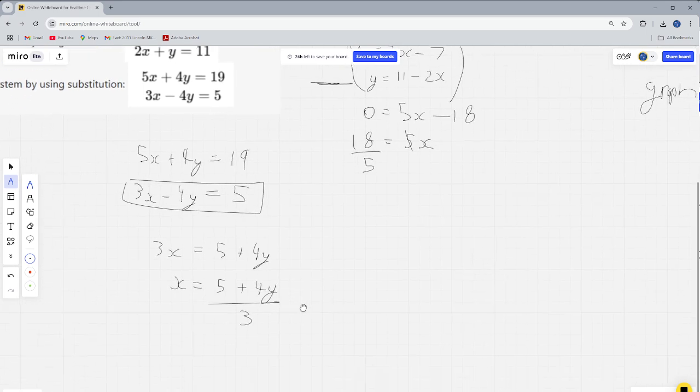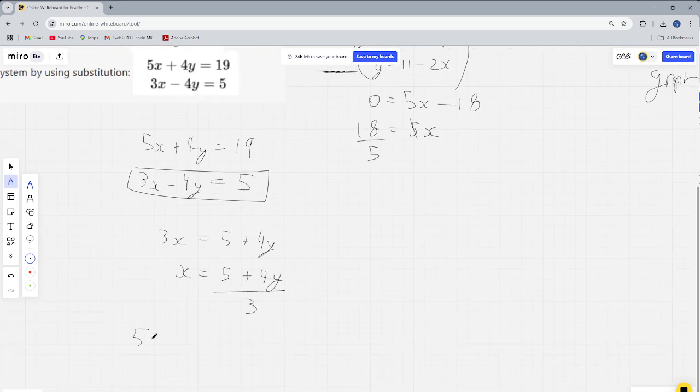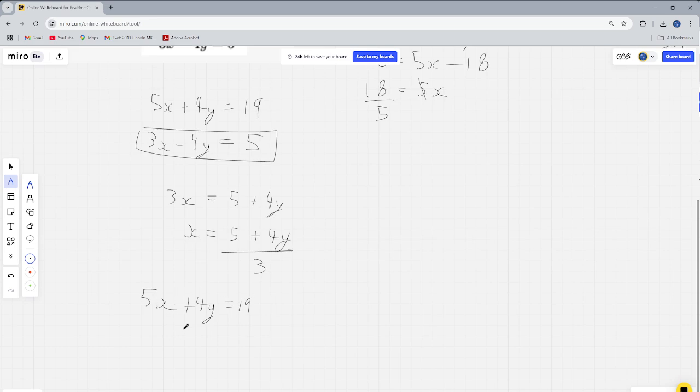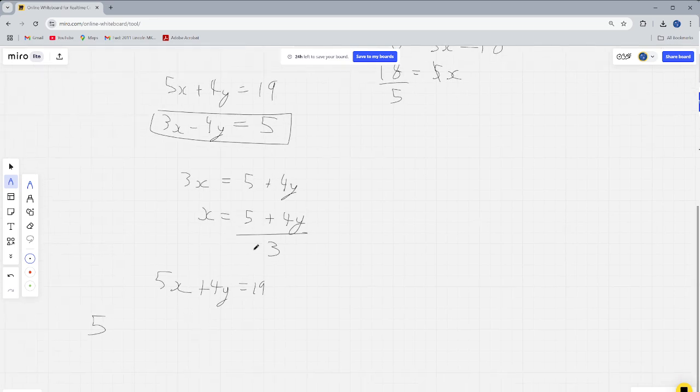Okay? Once you do this, you take your first equation, or the equation you didn't use, 5x plus 4y equals 19, and you're going to substitute out this x for everything we just solved x to be, because we know these are equal. So (5 plus 4y) divided by 3 instead of this x here, and then plus 4y equals 19.